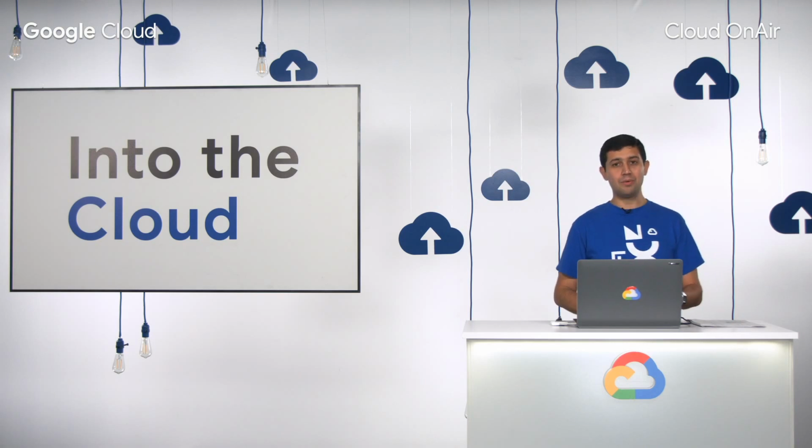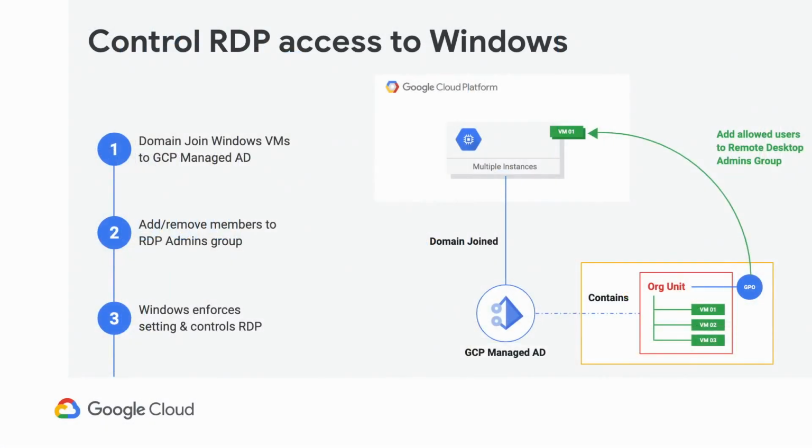Now, the way that you can do that with the managed AD service is something that we have put some thought into. As you bring up your VMs on Google Cloud and domain join them to the Google Cloud Managed Active Directory domain, you will notice that by default, they start showing up in an organizational unit we have created, although you're welcome to create more OUs of your own choice.